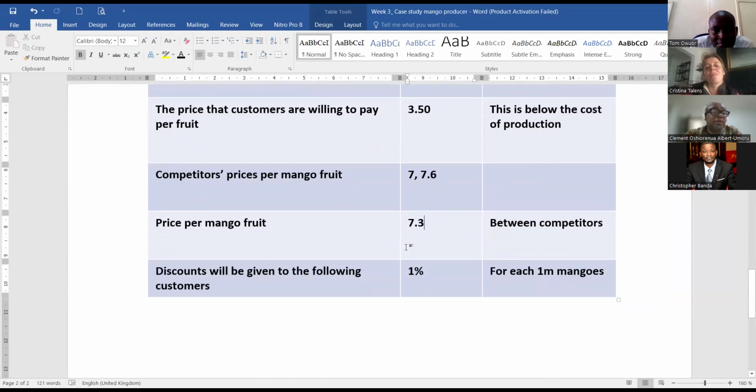So for us to make sense out of our investment, we have agreed that we can sell at least at 7.3 shillings, so that we are in between the competitors, those that sell at 7 and some at 7.6. Let's sell at 7.3. We also agreed that we can offer some discounts if one gets more than 1 million mangoes. We'll offer 1% discount.